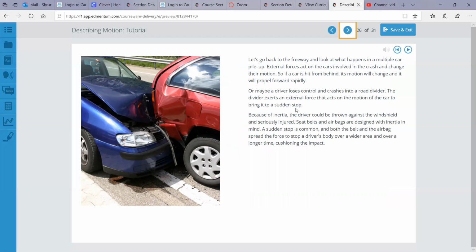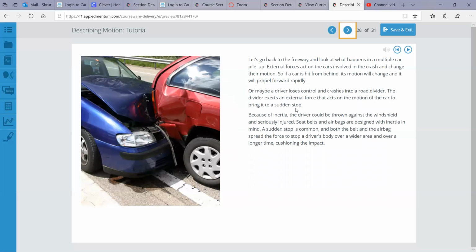So going back to the freeway, consider that there's an accident. External forces act on the car involved in the crash and change their motion. So if a car is hit from behind, its motion will change and it will propel forward rapidly.